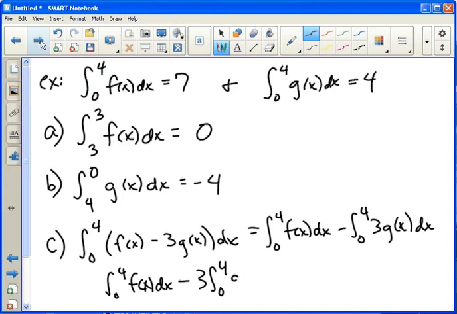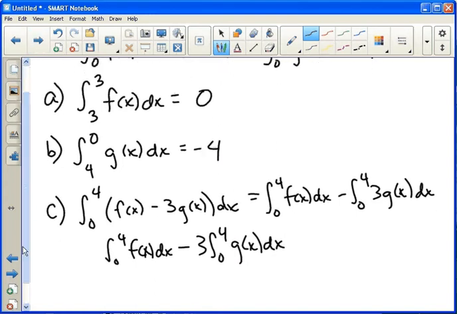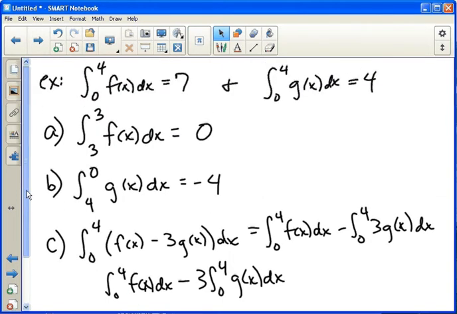Now it's simply a matter of plugging in what we know. We know that the integral from 0 to 4 is 7. I'm just using the givens up top. Just applying that given.